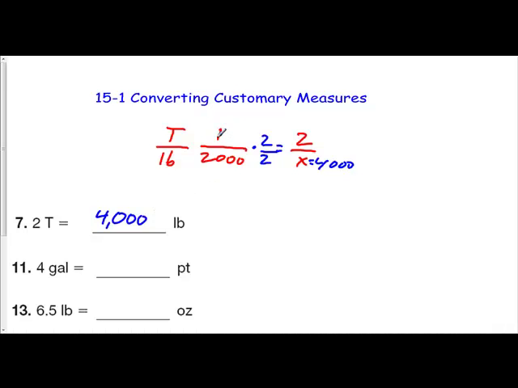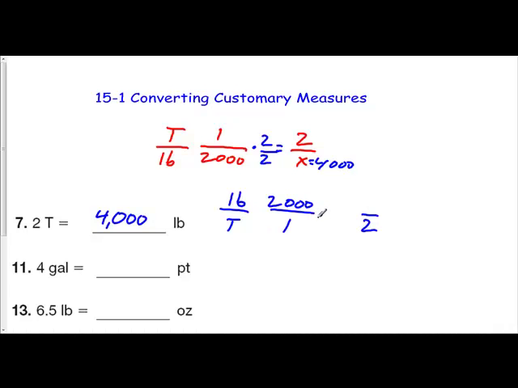Yes, this is a unit rate. I know my 1 is up here instead of being the second number in the ratio. I can do it that way as well. Let me show you. Pounds to tons. How many pounds? 2,000 pounds in 1 ton, and they want to know for 2 tons. So let's solve that.